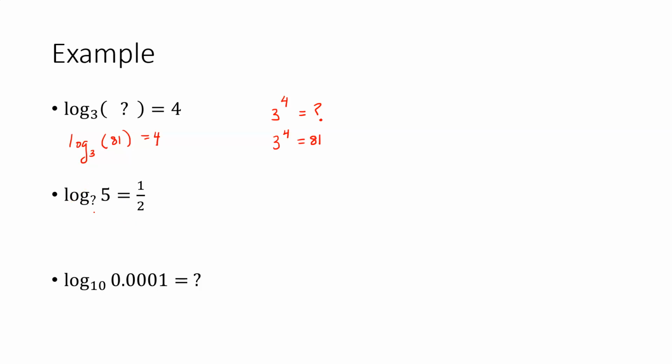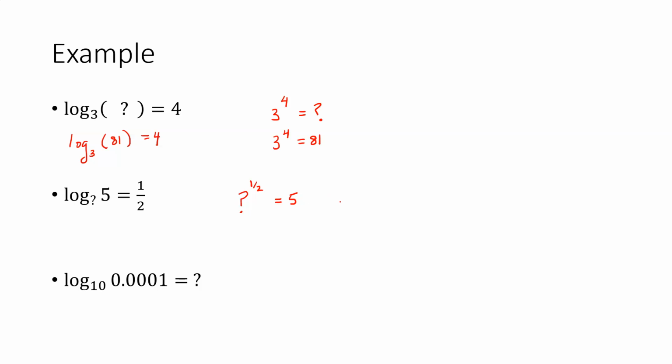In this one we've got a base missing. So for instance, if I want to say log of what base of 5 is equal to 1/2. So again, we can think here some number in our base raised to the power of 1/2 will equal 5. So we can think now 1/2, we know that's like the square root.